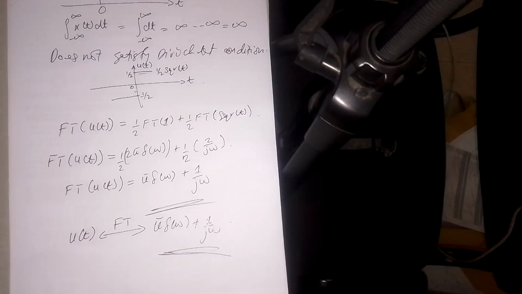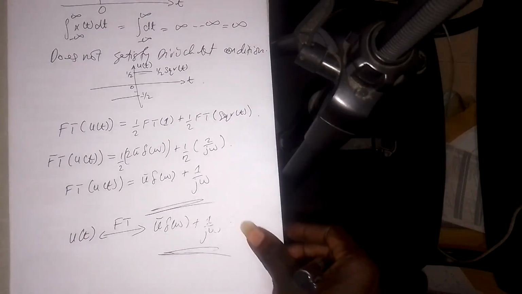So now let's find the other aspect also, the last aspect of the question. The last aspect of this particular session is going to be the Fourier transform for a rectangular pulse.